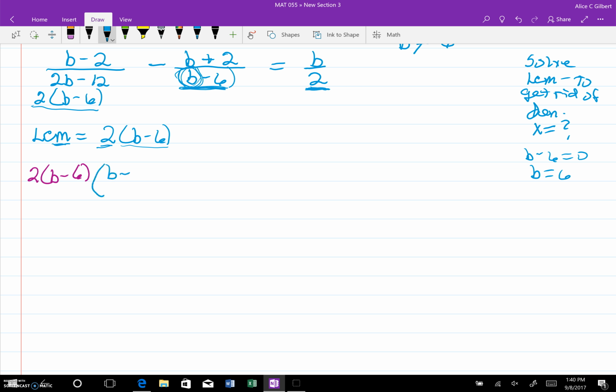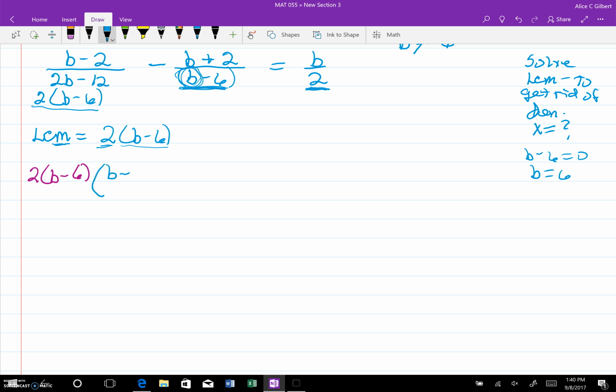Okay, then I put my sign. Then I go ahead and write my LCM again. And then I multiply it with the second term. And then I put my equal sign. If there were a minus on the other side here, the b minus or b over 2, I would put my minus here and then my LCM.